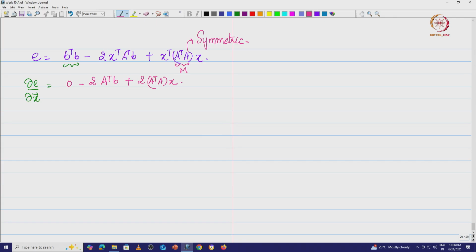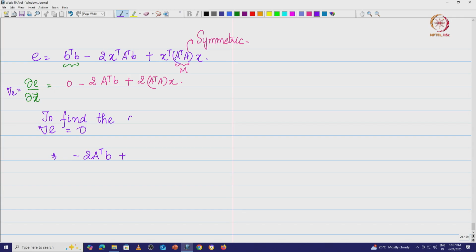Now, we know that in order to find the optimal solution, we need to equate this gradient of E to 0.